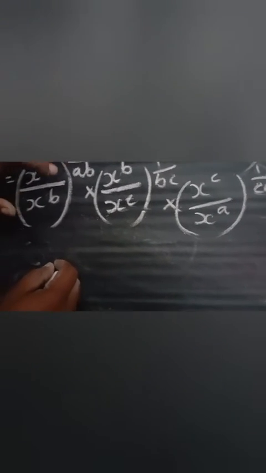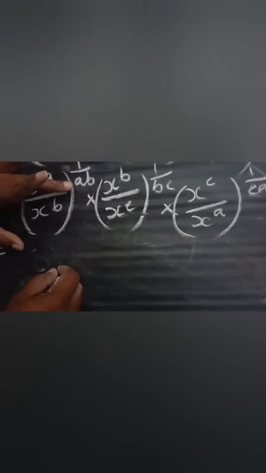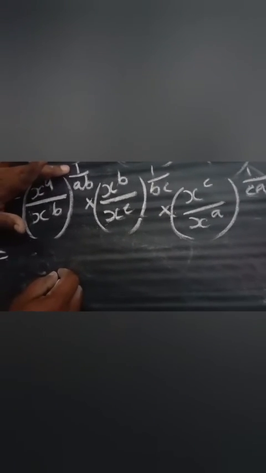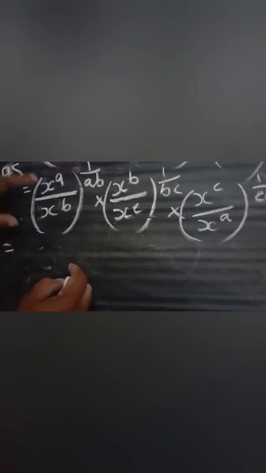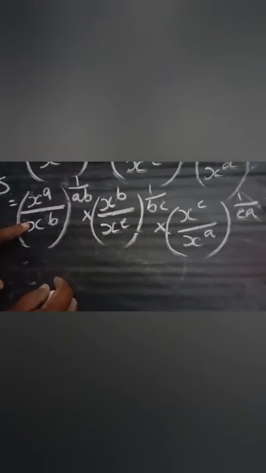So this is division, you know. We can give this 1 by ab separately. The power 1 by ab we can give separately for both x raised to a and x raised to b.